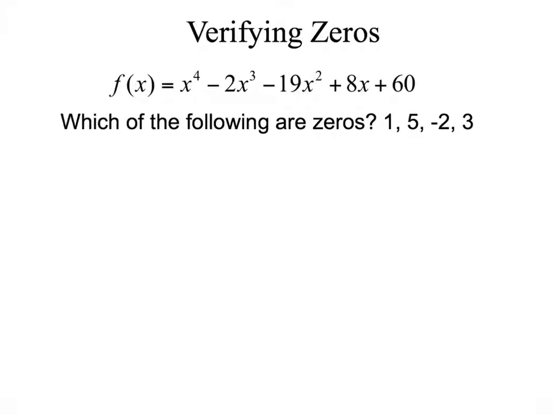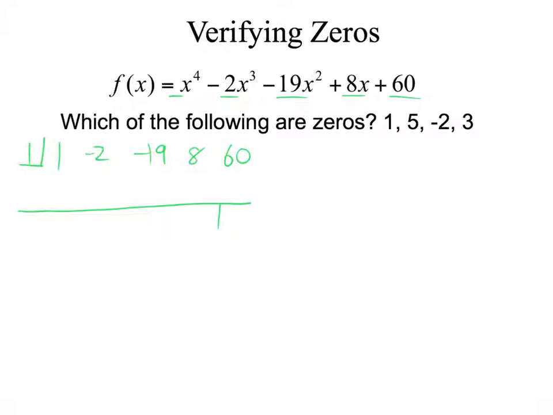So that's what we're going to use: synthetic division to plug every single one of these in to see which one gets an output of 0. So let's do it. We're going to take 1, and using the front numbers here, which would be 1, -2, -19, 8, and 60. And we're going to do it for all 4.